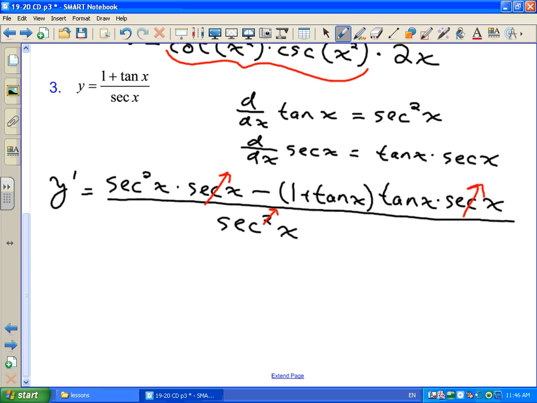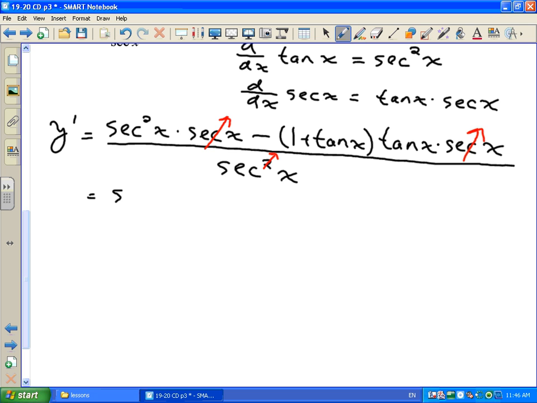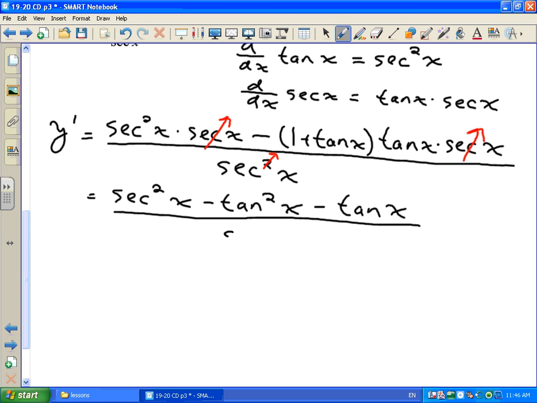But if we cancel that out, we have secant squared x, okay, minus, and I'm just going to rearrange these, tan x times tan x gives us tan squared x, and it's going to be negative because we have this negative out front, and then we're going to have a minus tan x from negative 1 times tan x, and then we're going to have secant x on the bottom.